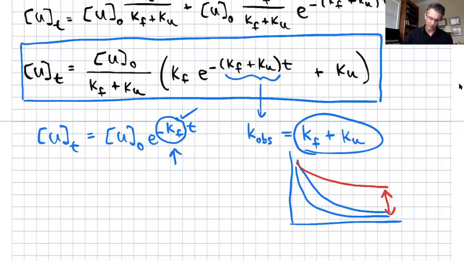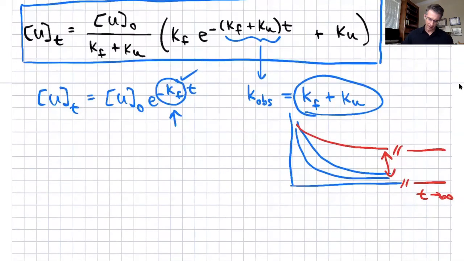A relatively easy way to illustrate that is to think about, out here, let's say at infinite time, where t is approaching infinity. This thing is going to reach a point that we've talked about before. It's going to reach equilibrium, right?